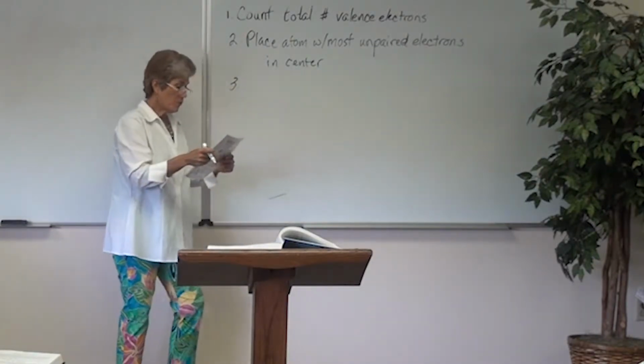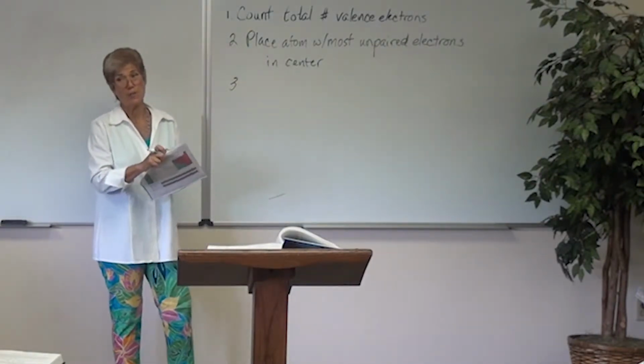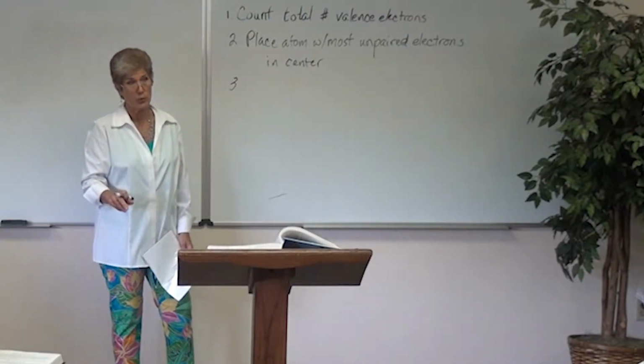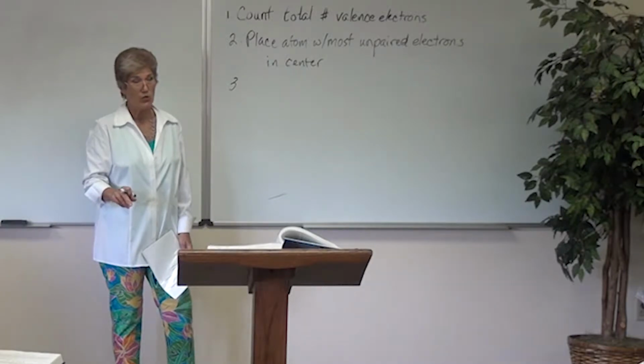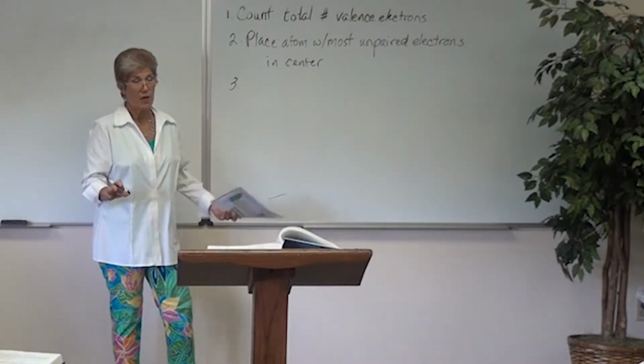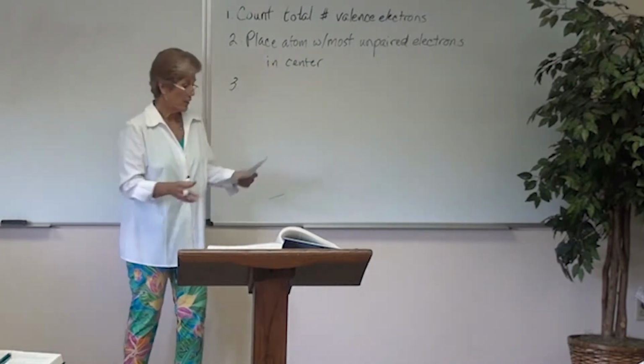Number 3, trust me when I tell you, these are simple that you're learning now. They're not always going to be. These rules will help you. Ozone is one that still freaks me out to do it. But if you follow these rules, it makes it easier.